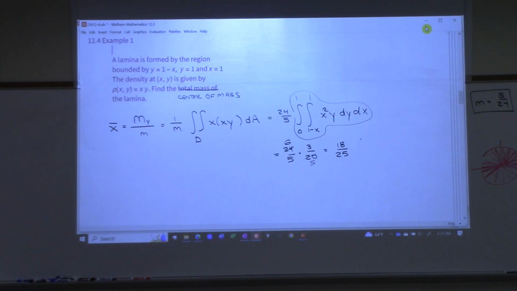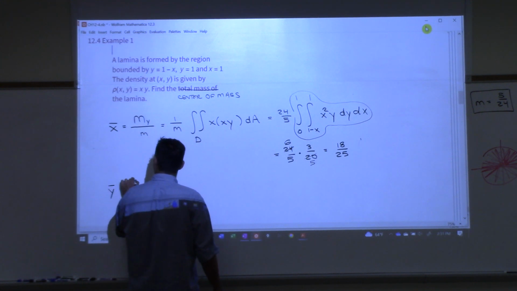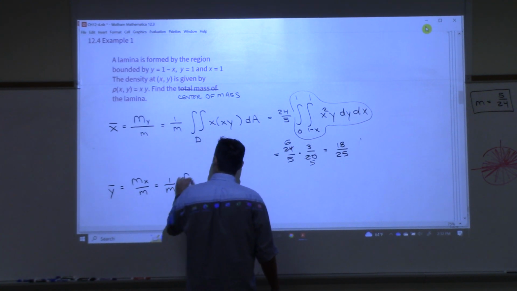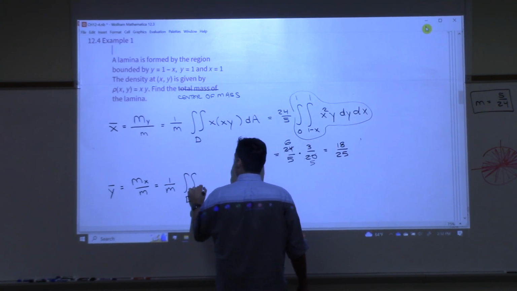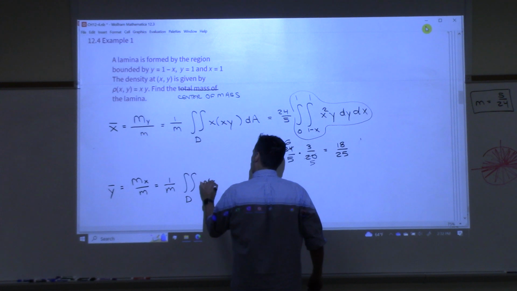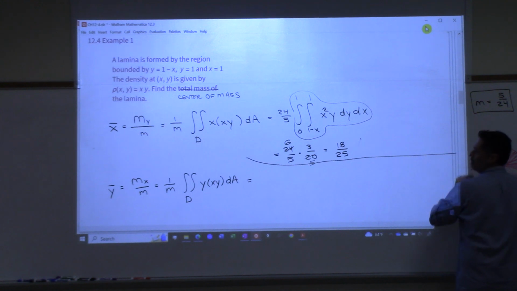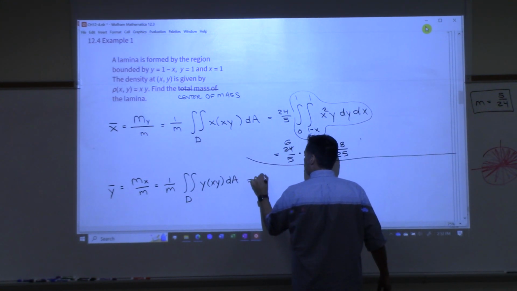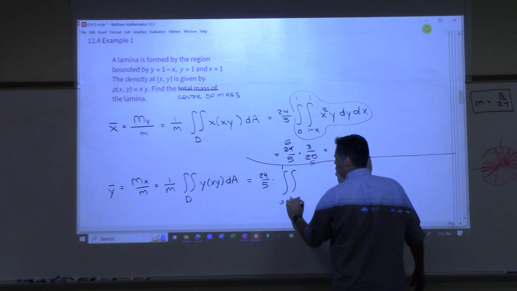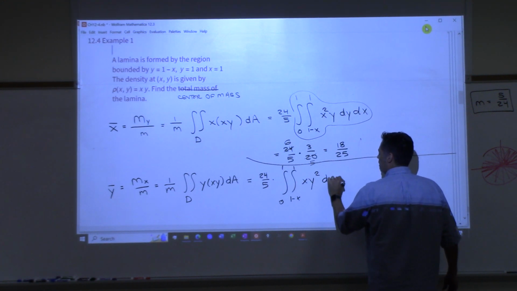That's the x-coordinate. Now I want the y-coordinate. So to get the y-coordinate, I do the moment about the x-axis divided by mass, which is 1 over the mass times a double integral over the region D of, this time instead of x, y times the density function with respect to area. 1 over the mass, we already said, was 24 over 5 times that integral, 0 to 1, 1 minus x to 1, and then this time xy squared dy dx.